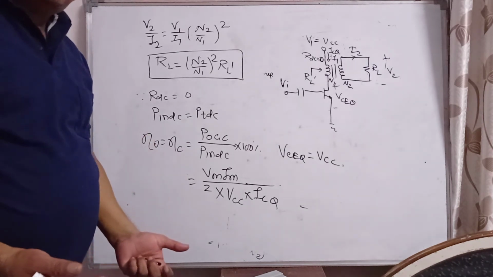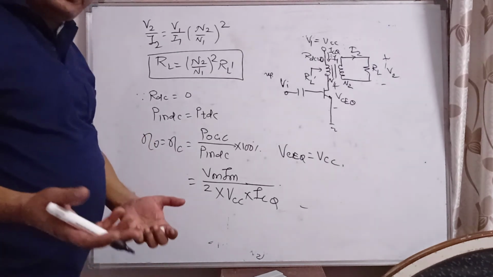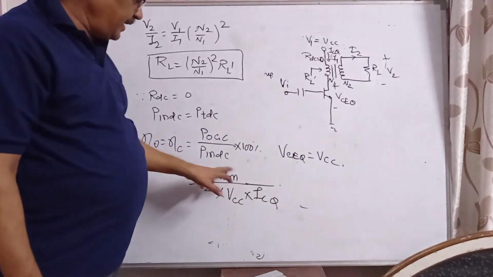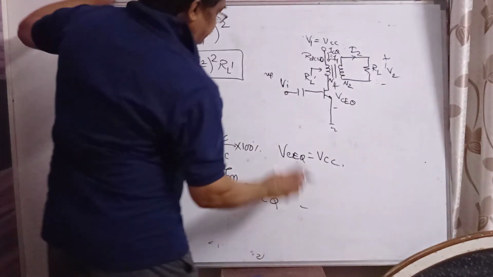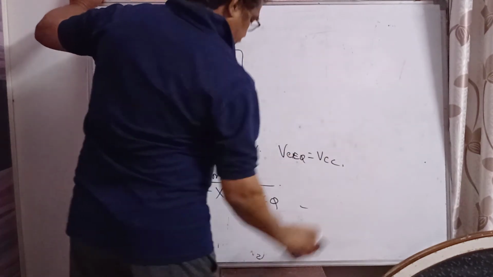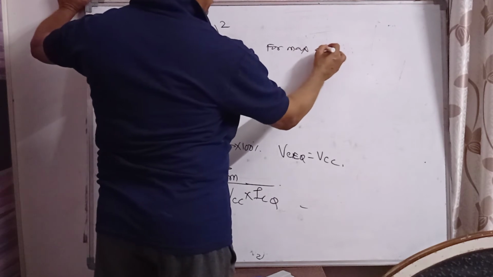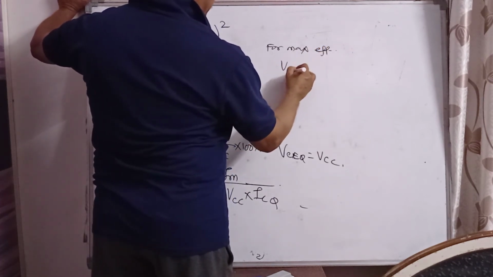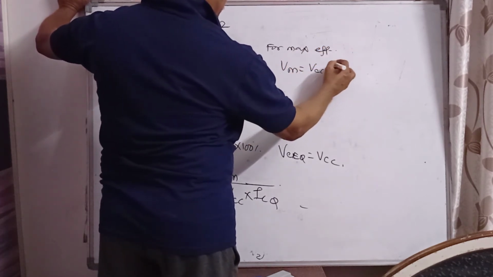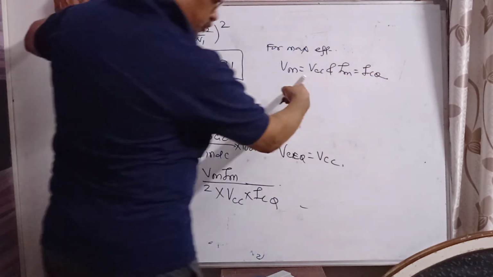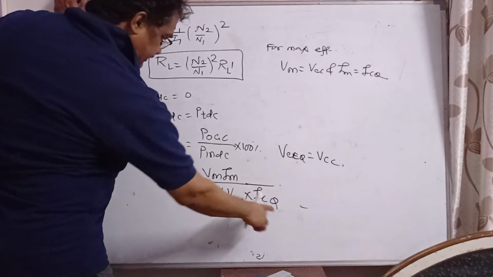Again, as we have studied in the previous article, the condition for maximum efficiency is VM equal to VCC and IM equal to ICQ. If these two conditions are put here, this is cancelled, this is cancelled.